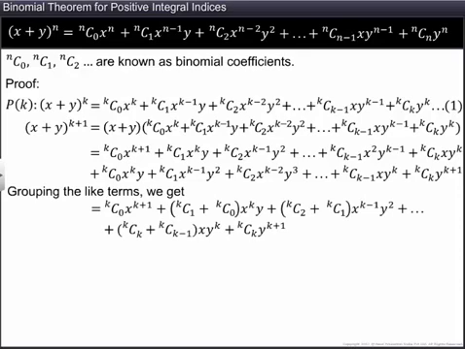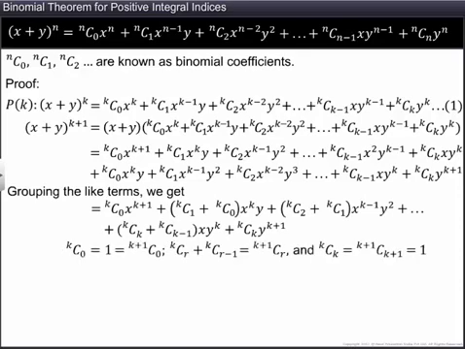We know that kC0 and (k+1)C0 are equal to 1. kCr plus kC(r minus 1) is equal to (k+1)Cr, and kCk and (k+1)C(k+1) are equal to 1.